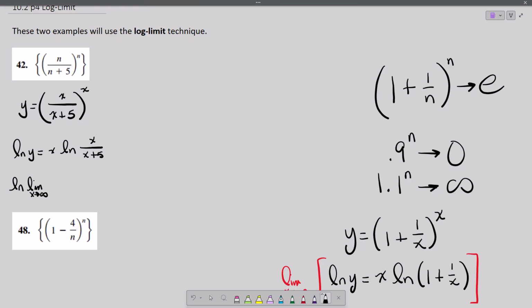So on the left, I'm going to push that limit inside the log right away. Log is a continuous function. Limit can pass through it. And then on the right-hand side, I know that we need to target L'Hopital's rule. So we're going to shove that x into the denominator so that we get an indeterminate form of 0 over 0.